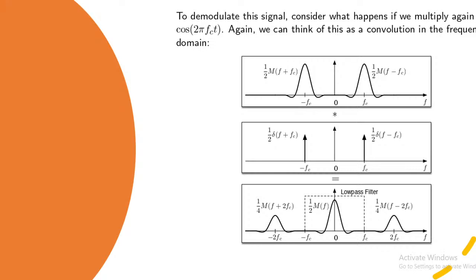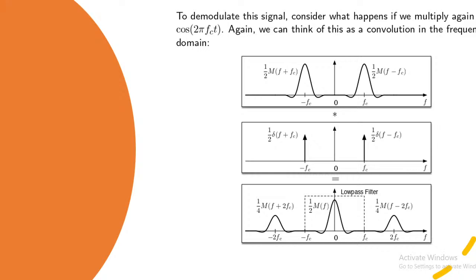To the left it will shift by an amount of fc, which means it will come to around 0, and to the right it will go by an amount of fc, so it will go to 2fc. So at 2fc you will see 1 by 4 M(f minus 2fc). Same thing for the left signal: half of this will go to minus 2fc, and half of it will come to 0.